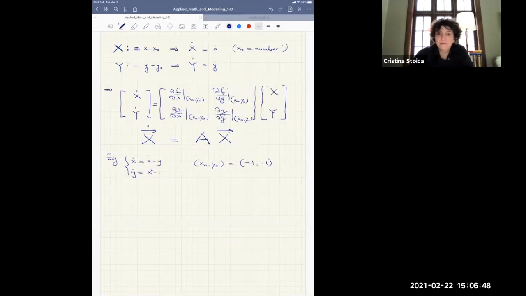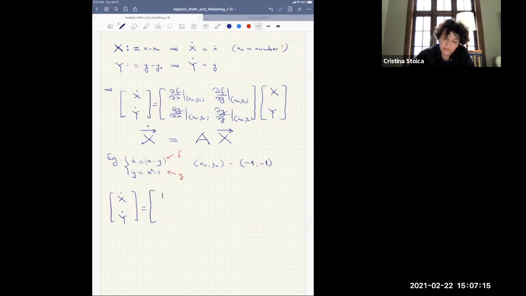All right, so what do we have to do? This guy is F, this guy is G. Now I'm going to write directly that system with the capital letters. So I have to take the derivative of the function that is up with respect to x, so this will be 1.